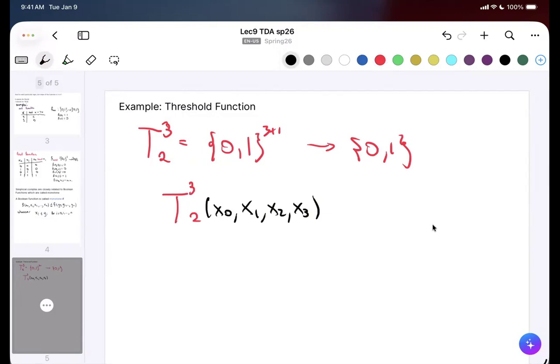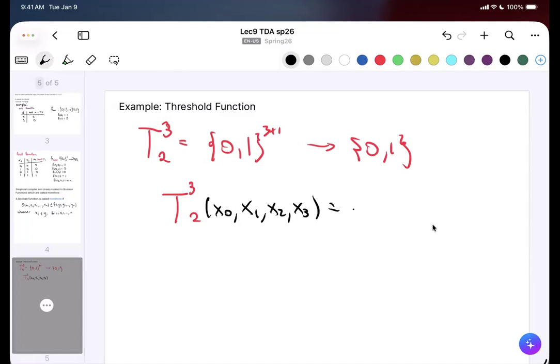Okay, and the idea is that if you feed it four Boolean variables, it will spit out a 1 if the input has two or more ones in the input.